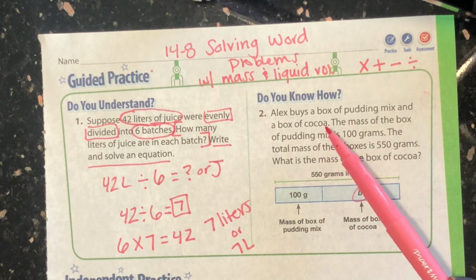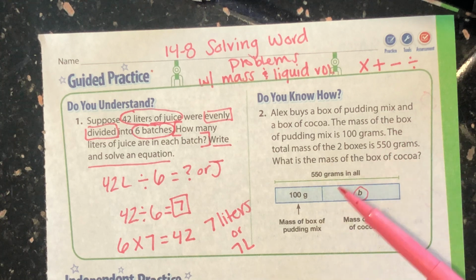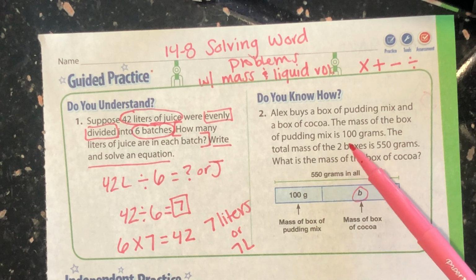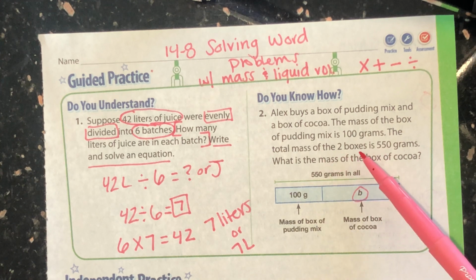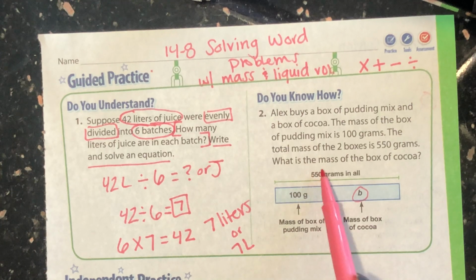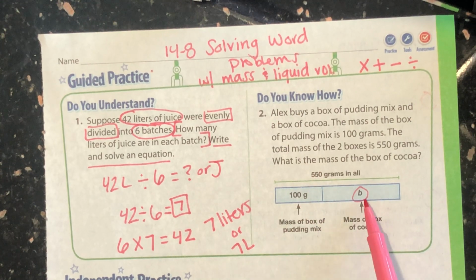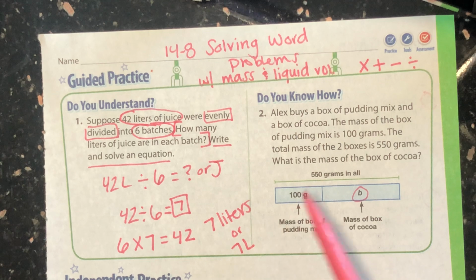It says, Alex buys a box of pudding mix and a box of cocoa. The mass of the box of pudding mix is 100 grams. The total mass of the 2 boxes is 550 grams. What's the mass of the box of cocoa? Again, if I have the total and I have one part and I'm solving for B, which is going to be the box of cocoa, I can subtract because I have a whole and I have a part.